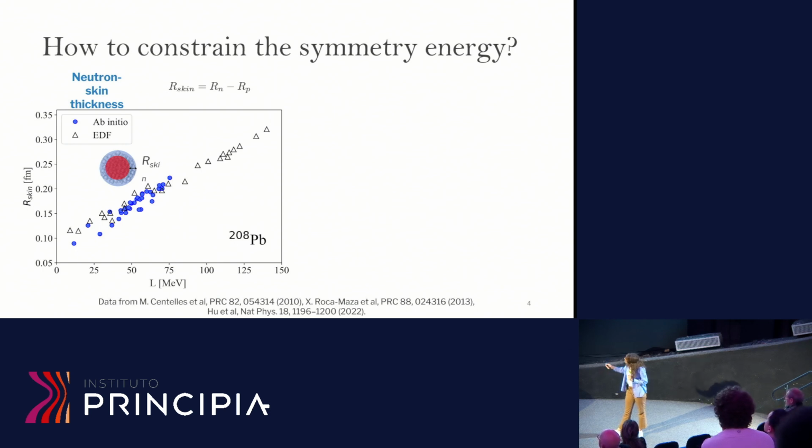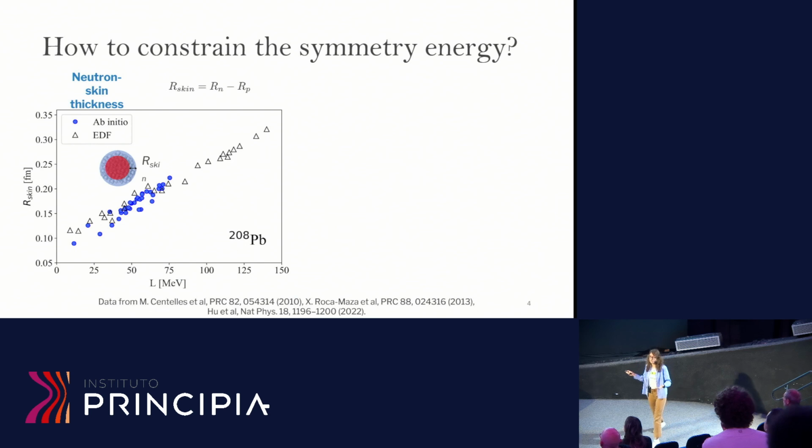There is something that went wrong, but in any case, the important thing is very clear. You see that there is a nice linear correlation between these two quantities. And so this suggests that a precise determination of the neutron skin of lead-208 can be translated into a constraint on the slope parameter.